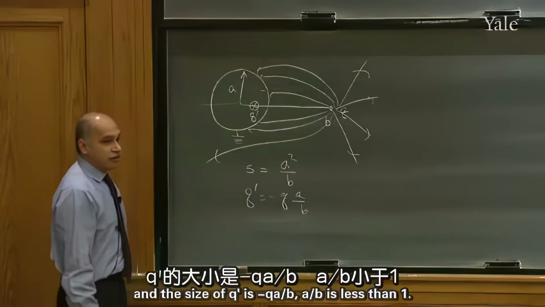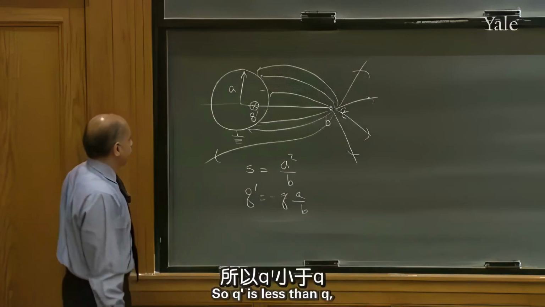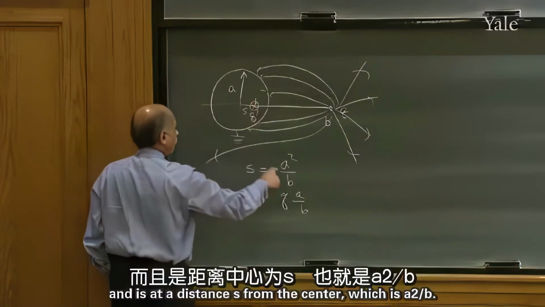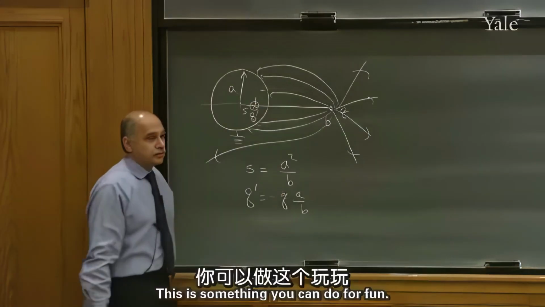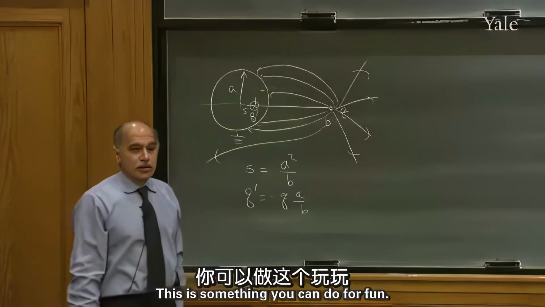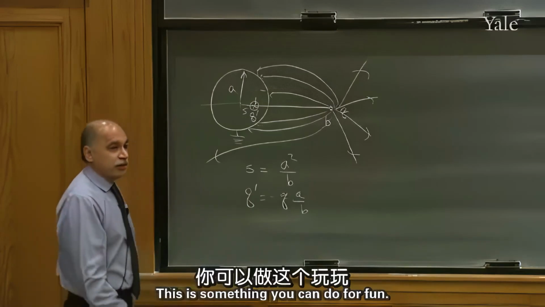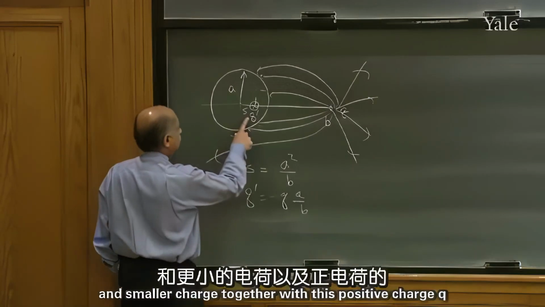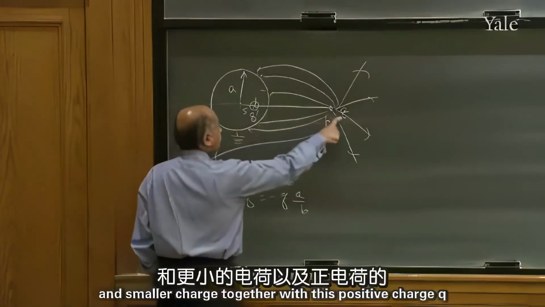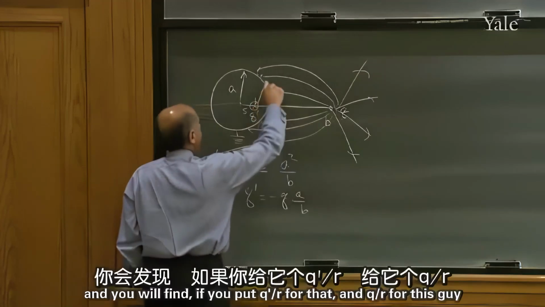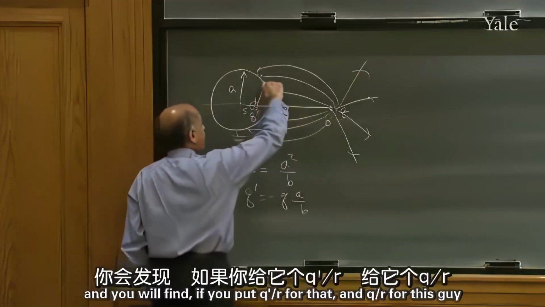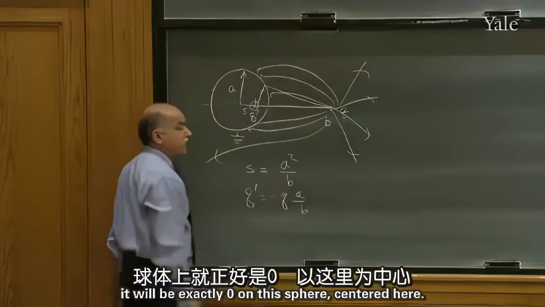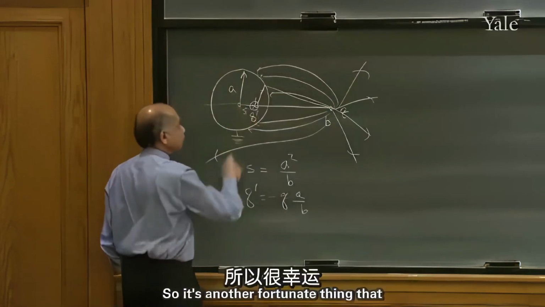A over b is less than 1. So q prime is less than q, and it's at a distance s from the center, which is a squared over b. This is something you can do for fun. You can go and calculate now the potential of this negative and smaller charge together with this positive charge q, and you will find, if you find q prime over r for that and q over r for this guy, it will be exactly 0 on the sphere centered here.